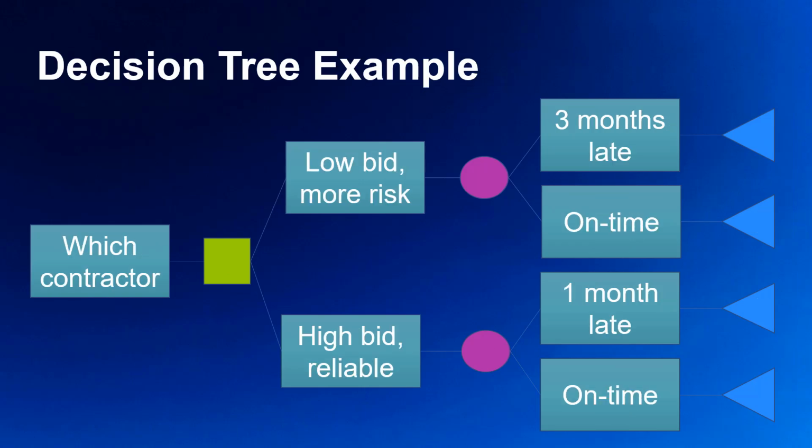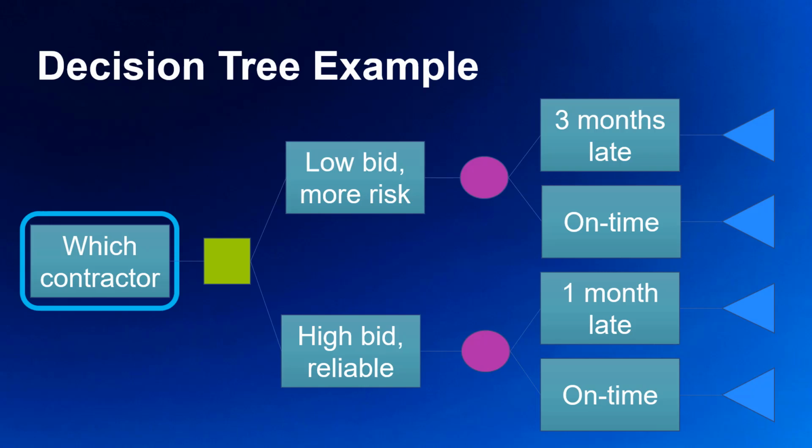To illustrate how it's done, we go back to our decision on choosing a contractor. So, you are the prime contractor and you need to decide which subcontractor to use for a critical activity. You know that there is a $1,000 per day penalty in the contract with the client for every day that you deliver late. Our goal is therefore to minimize our expected cost.